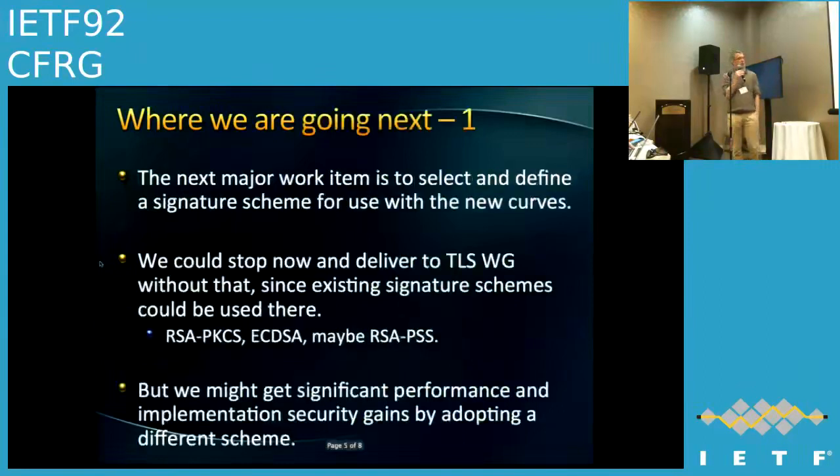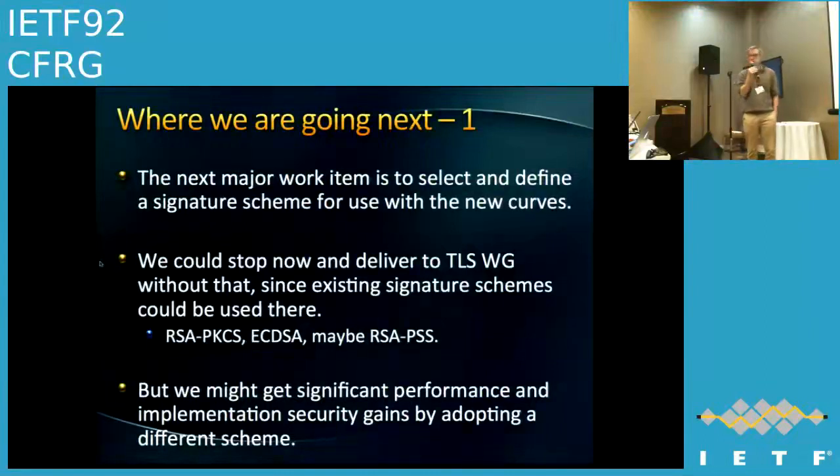Okay, so where are we going next? This is the new part of the talk, really. The next major work item, and actually the last major work item as far as the chairs are concerned, is to select and define a signature scheme for use with the new curves. We could actually stop right now and deliver to the TLS working group what we have without having signatures, because of course there are already lots of signature schemes that are standardized for use in TLS.